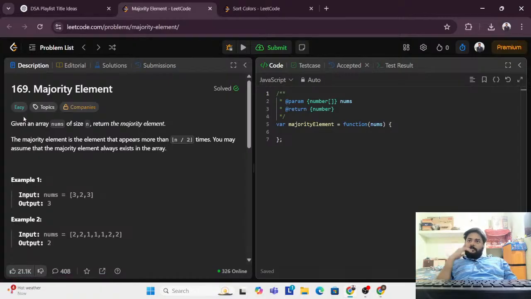It says, given an array nums of size n, return the majority element.